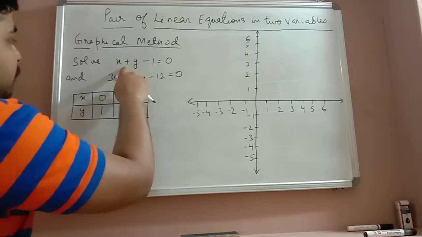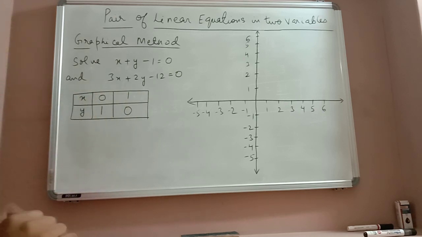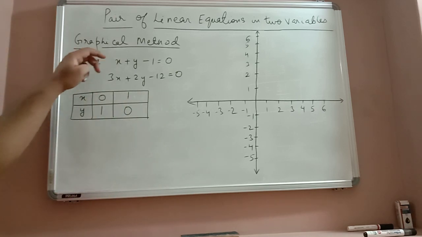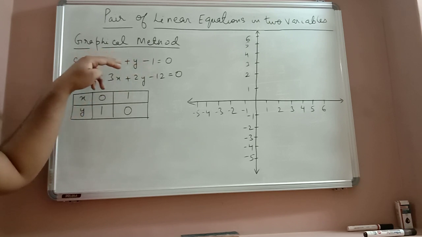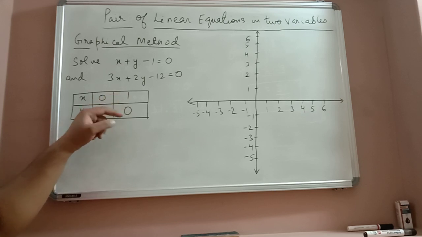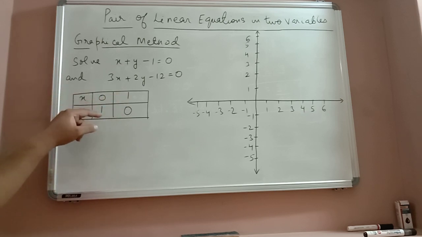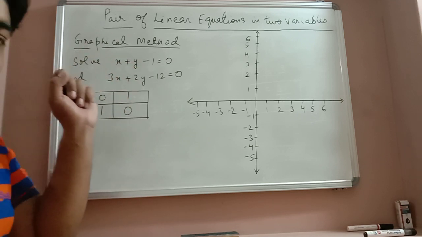And if we put y = 0 in the first equation, we get x = 1. So the 2 points on which the equation x + y - 1 = 0 lies are (0, 1) and (1, 0). In other words, (0, 1) and (1, 0) are the 2 points which lie on the line x + y - 1 = 0.